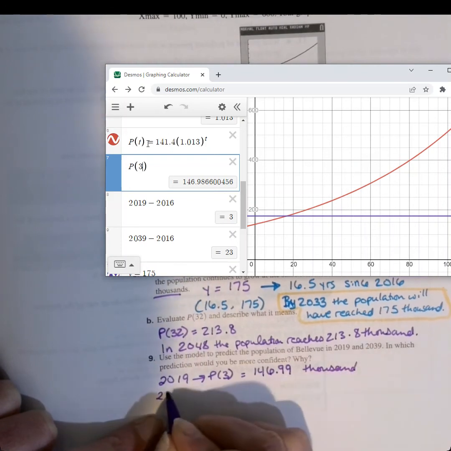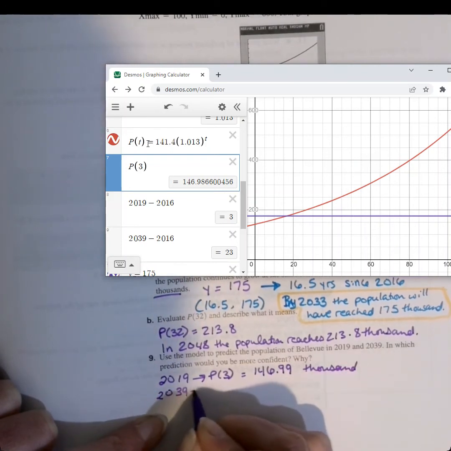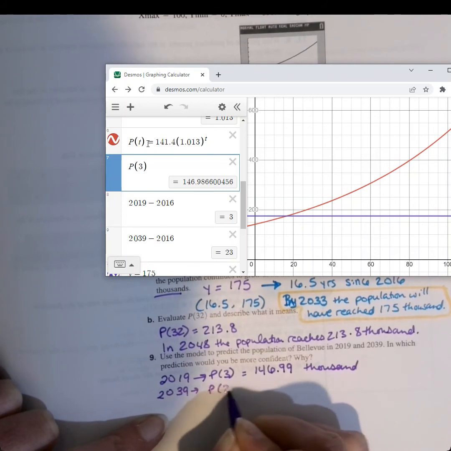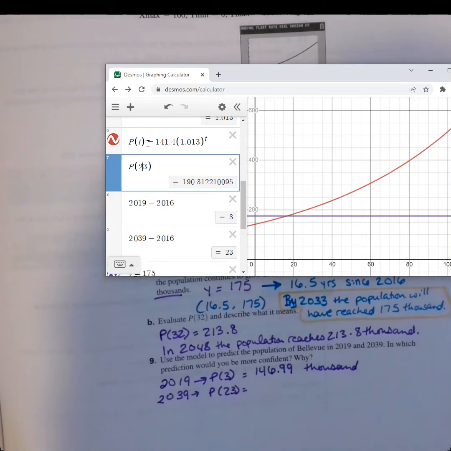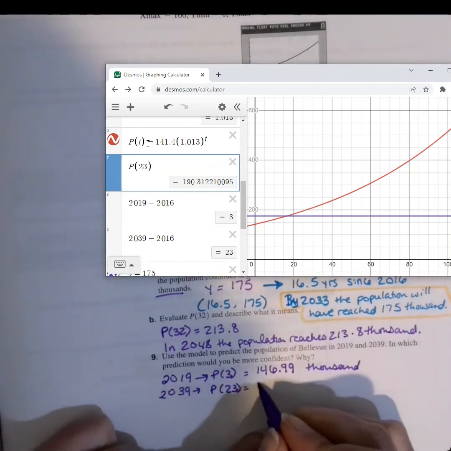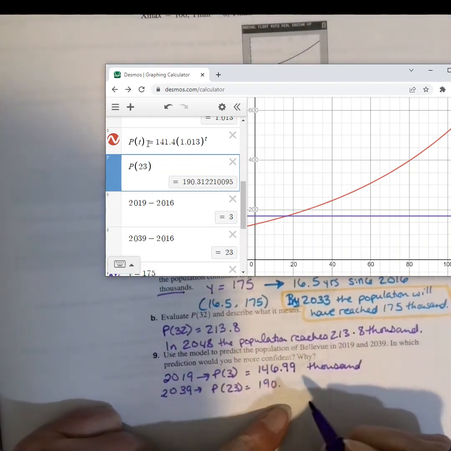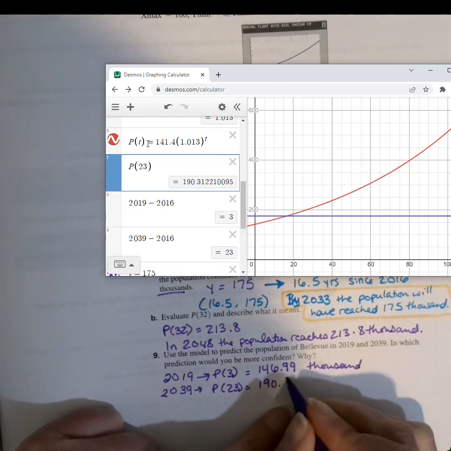And then 2039 is going to be P of 23. And that's 190.3 thousand.